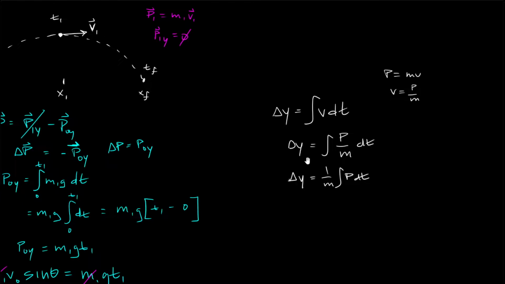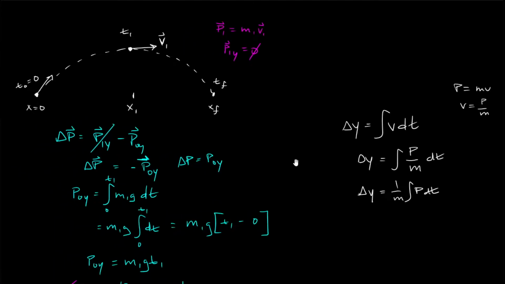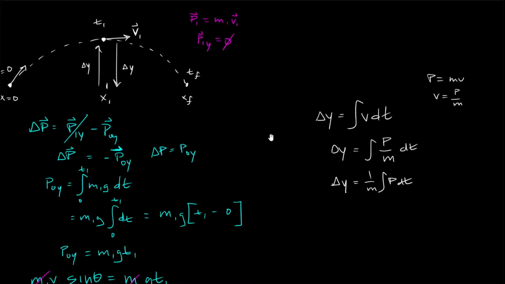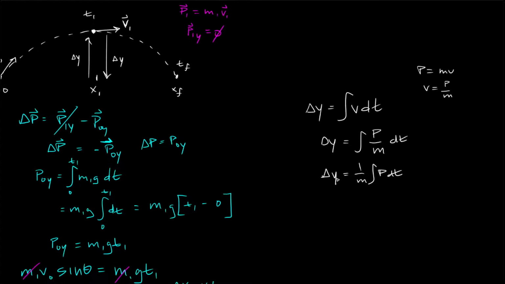Now we have two snapshots, or two intervals. We go up here, and from here up to here, and we have a delta y going up. Then we come back down, and we have the same delta y, with the same magnitude, that is.